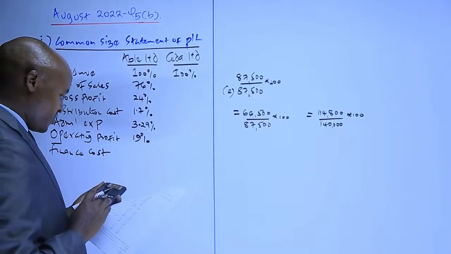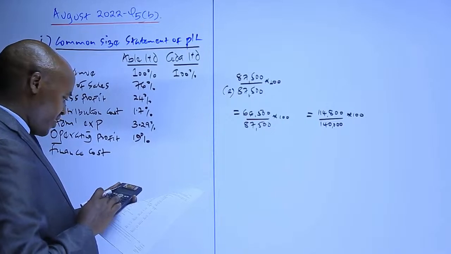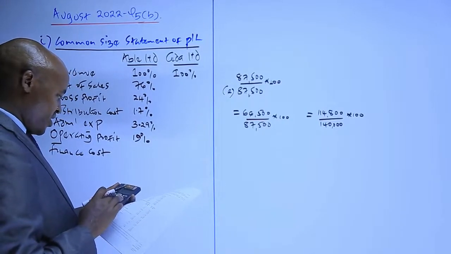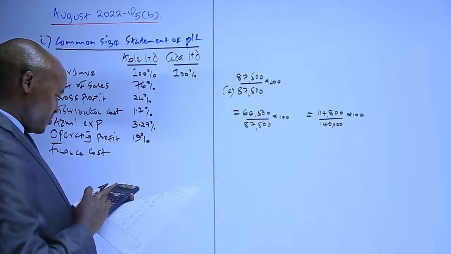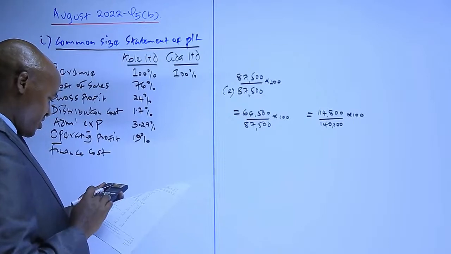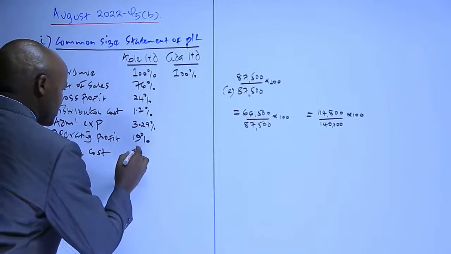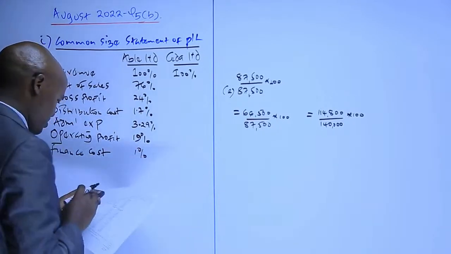Finance cost. The finance cost in our case is 875 divided by 87,500 times 100, which will give us 1%.